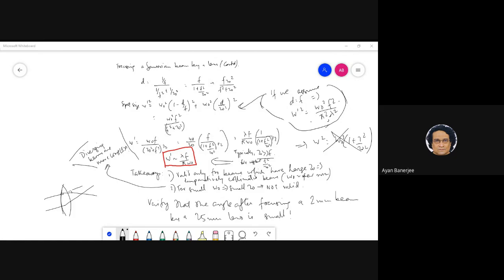So I have just e to the ikz, a plane wave. This is how I characterize the Gaussian wavefront. You will always have some place where the radius of curvature is large, and wherever it is large, I say that is the waist. There the value of this parameter W is the smallest.